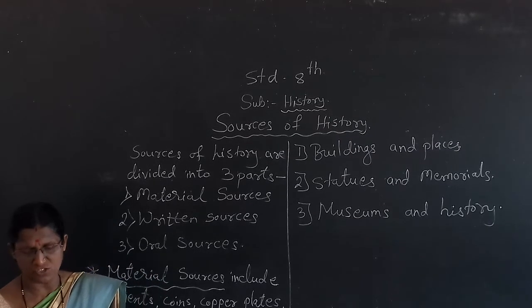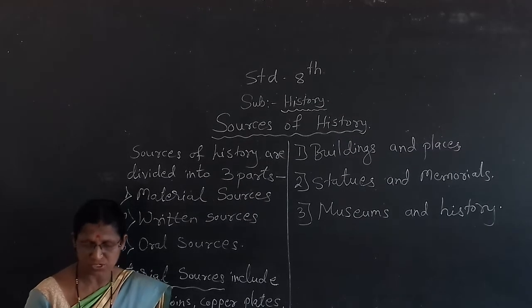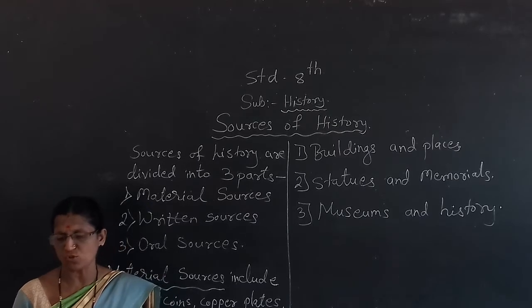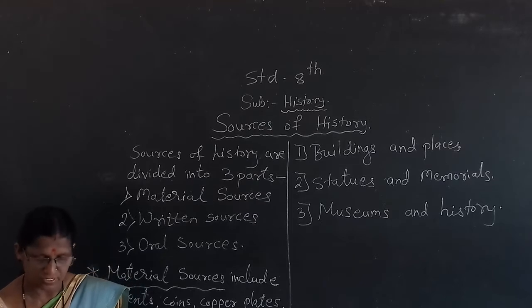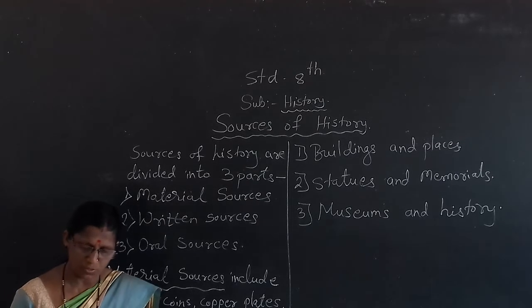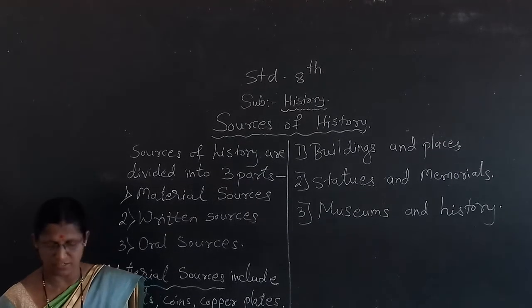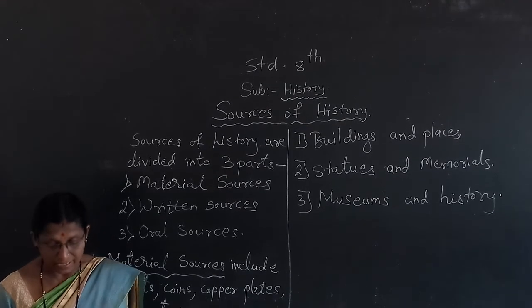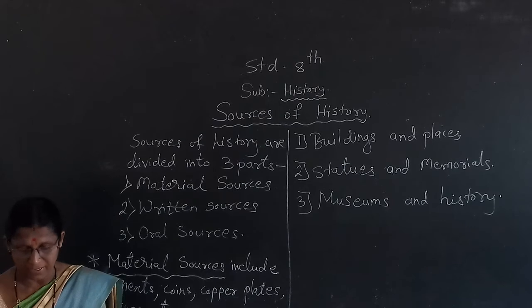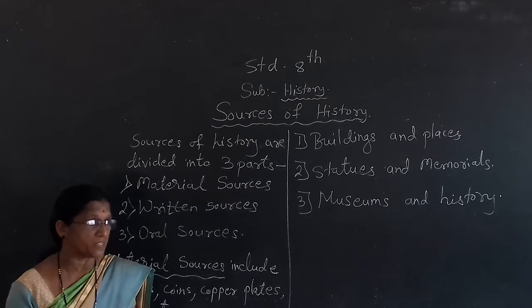During the pre-independence and post-independence period, memorials of many personalities were erected in the form of statues. These statues are also important for the study of modern Indian history. The various statues provide information about the contemporary rulers and eminent personalities. Now what are eminent personalities?